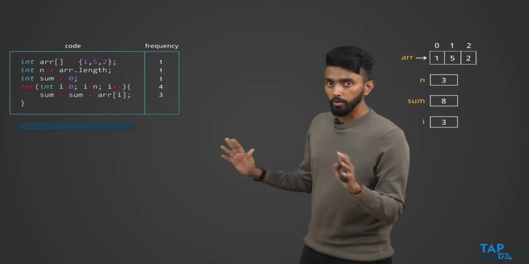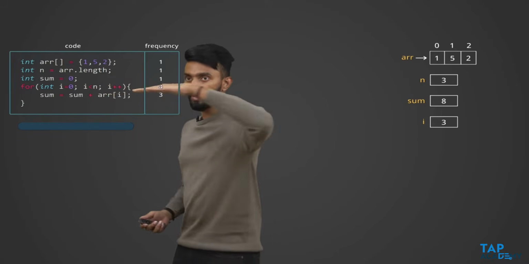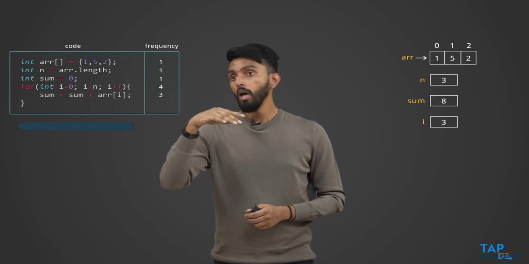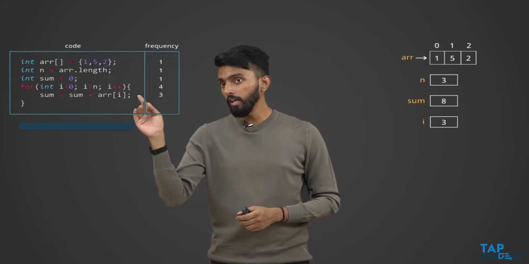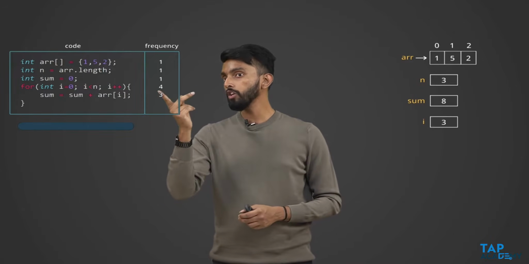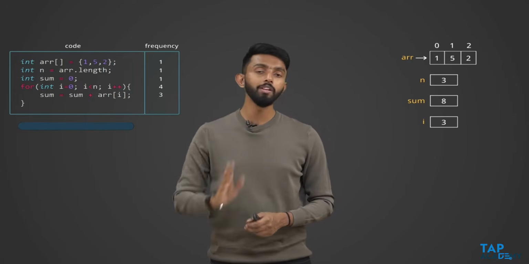Now here's something I want you to understand. Now look at this for statement. How many times did it execute? 4. Look at the statement in the body. How many times did it execute? 3. So why is it that the for statement executed 1 time more than the number of statements in its body?